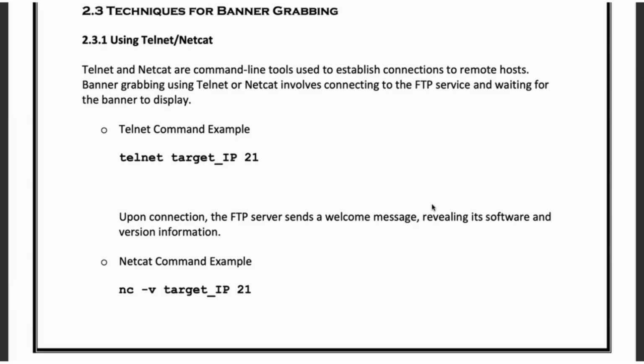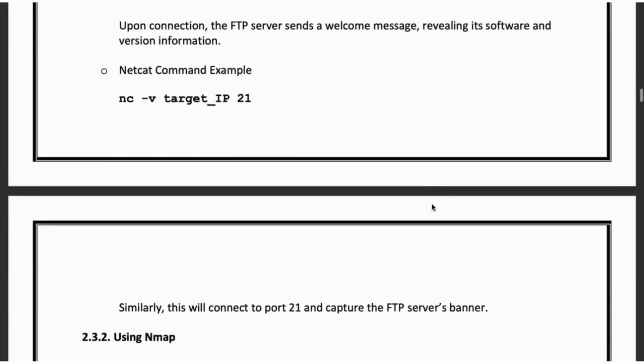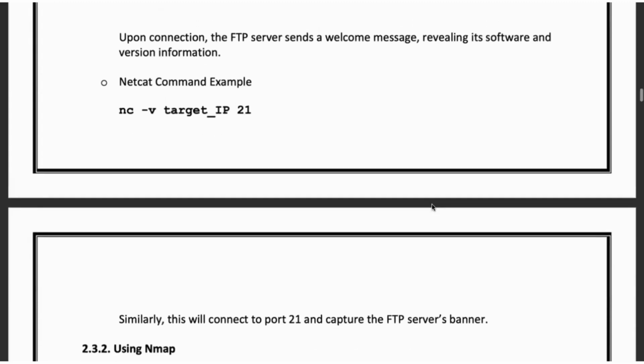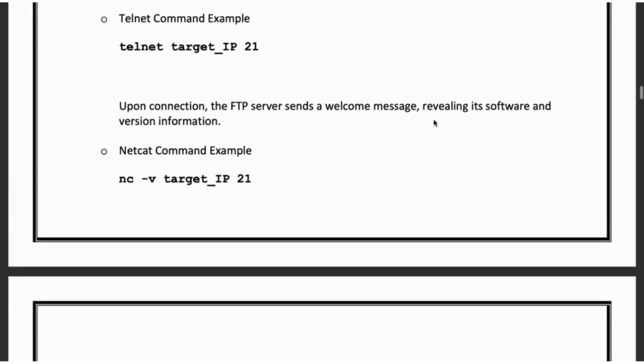So telnet basically sends a welcome message revealing its software and version information if your connection is successfully initiated. Or if you launch netcat, then netcat also connects to port number 21 and captures the FTP server banner. So let's first check these two methods, and then we will move further.